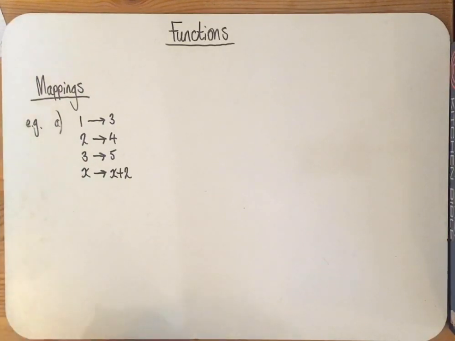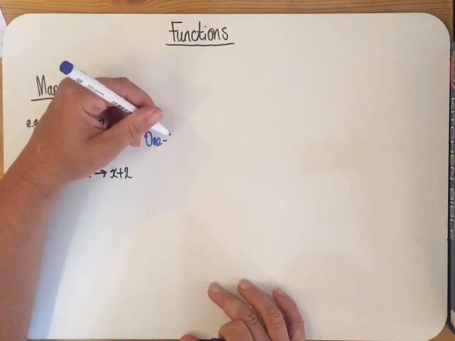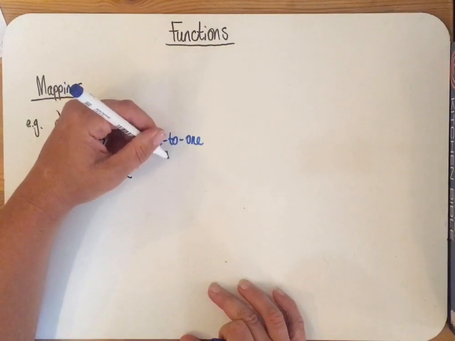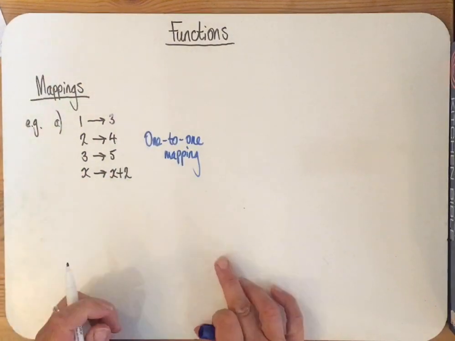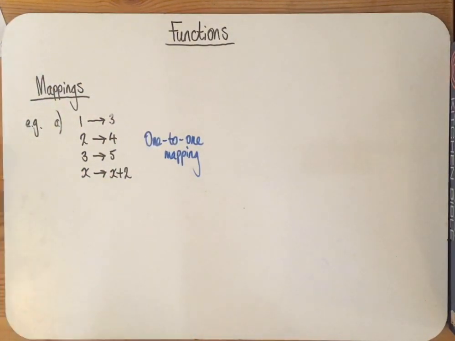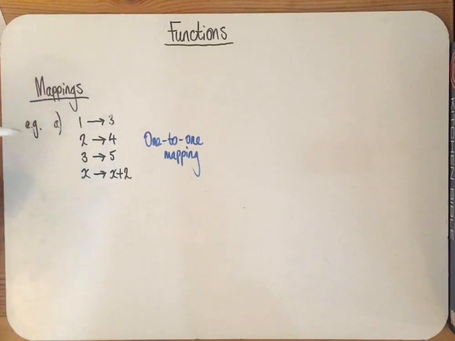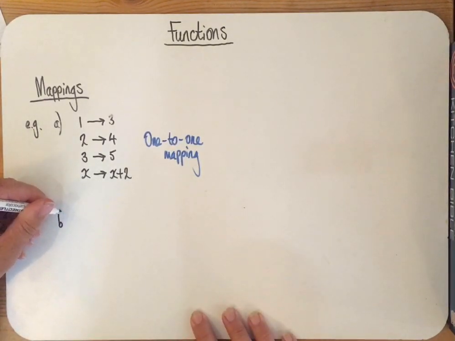This is an example of a 1-to-1 mapping. Each value on the left is being mapped to a unique value on the right, and no 2 values here are being mapped to the same place.